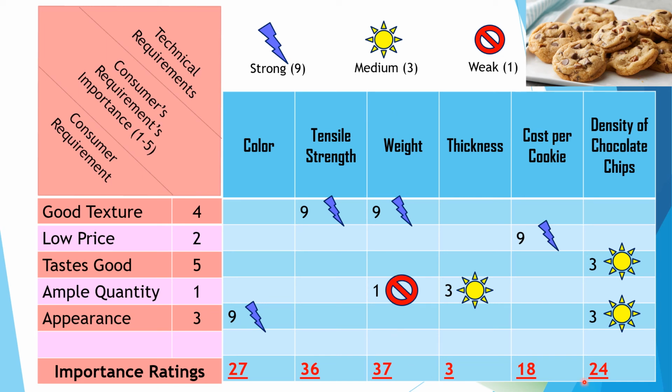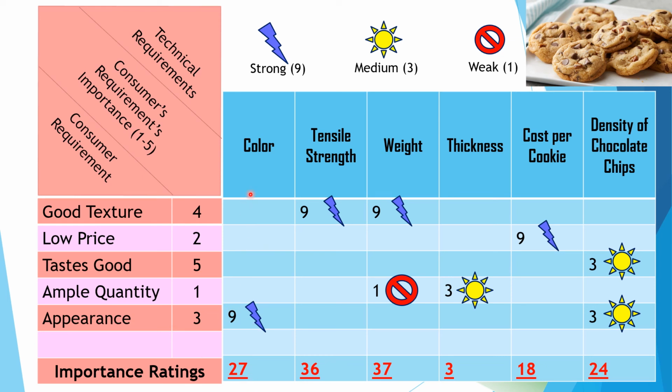So how do we get these importance ratings? Let's look into the details of that. Simply, we need to multiply the technical requirements and the customer's requirement and then add them. Let's say for instance 9 times 3, 9 times 3 equals 27.